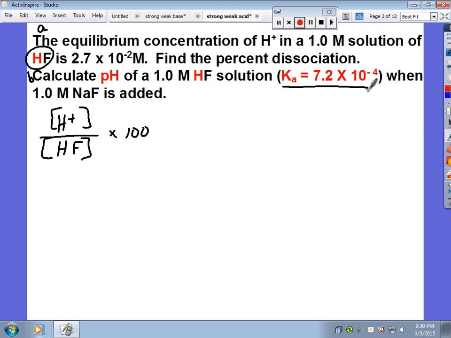And so to plug it in, I'm going to put 2.7 times 10 to the negative 2 over 1. Those are my molarities, correct? And so if I do that, and I actually did my math, get my calculator, sorry, and I multiply that by 100, right?